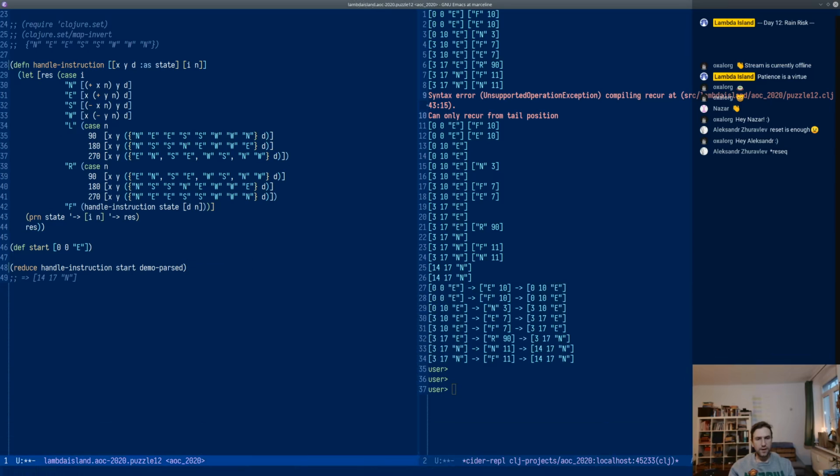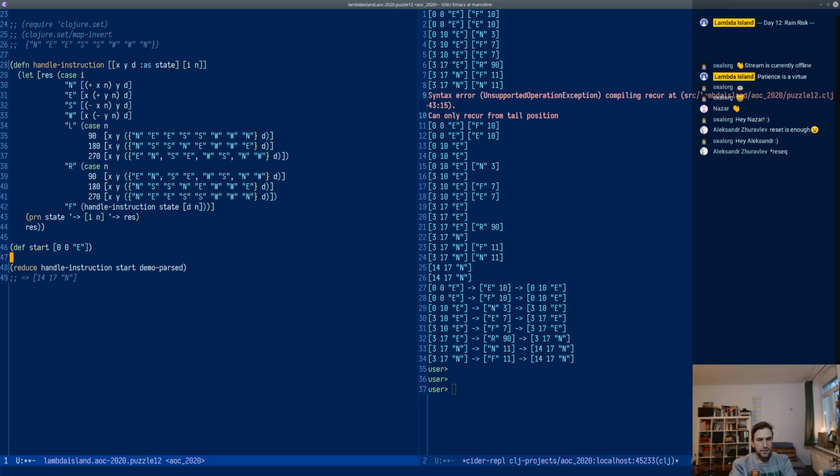Okay, let's look at that again. So, yeah, going east 10 brings us to 0, 10, which is because we went forward 10. Going north 3 from there brings us to 3, 10. Yeah. Going forward 7, we're still going east, so that brings us to 3, 17.